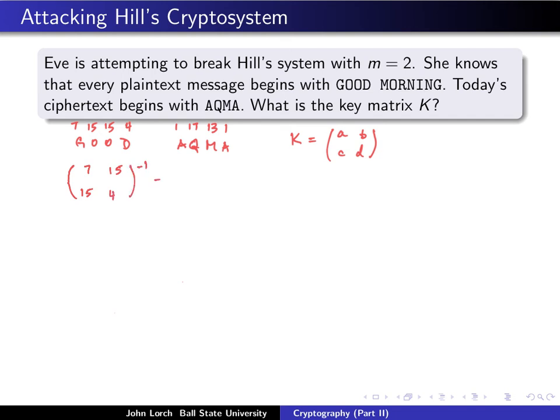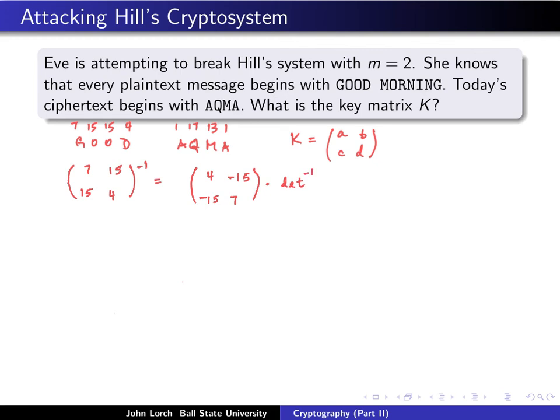And you might remember that to find the inverse of a 2 by 2 matrix, what you do is you swap the main diagonal elements, and then you change the sign on the off diagonal elements. And then you've got to take that whole thing and multiply every element in that matrix by the multiplicative inverse of the determinant.